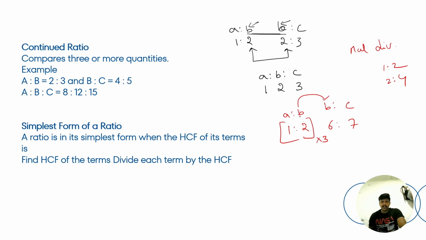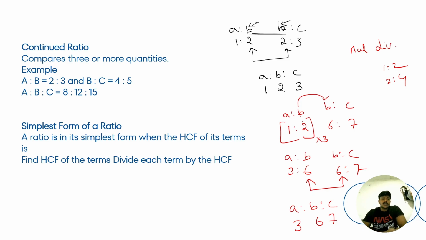For example, if I want to make B as 6, I'm going to multiply with 3, but I should not only multiply 2, I have to multiply the other one also. So now A is to B is 3 is to 6 and B is to C is 6 is to 7. Now as the common variables are the same, you can directly write A is to B is to C as 3 is to 6 is to 7.